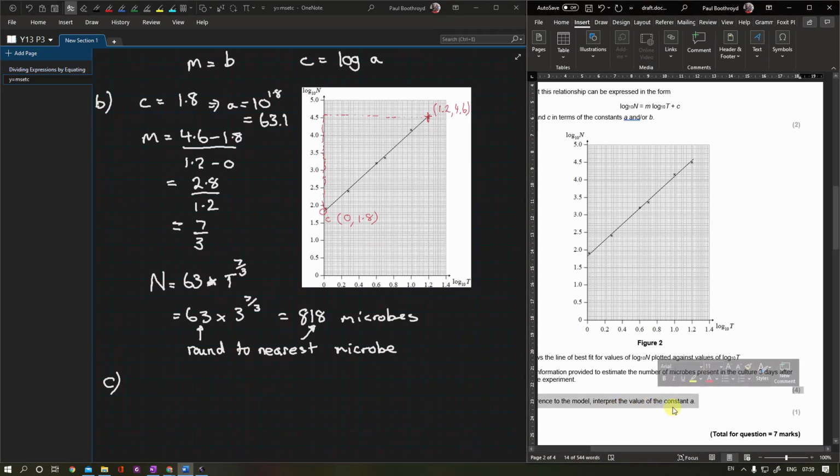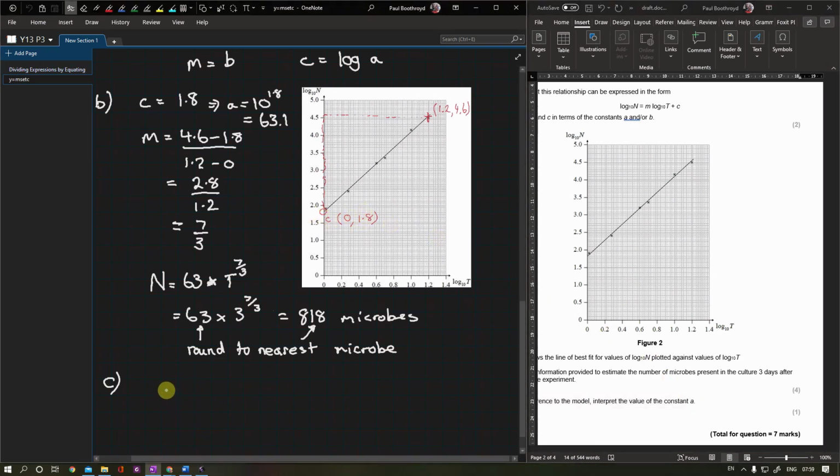We need to interpret what the constant a is. Now, there's a lot of people will leap to saying that this is what happens when time is 0. But remember that a is the value 10 to the power of c, 1.8, and that's when log of t equals 0. Rearrange that and you get t is equal to 1.